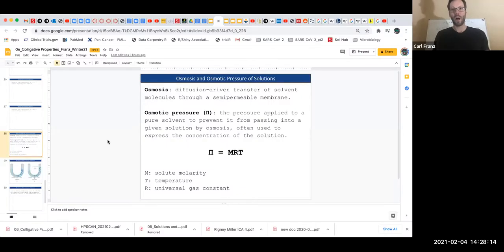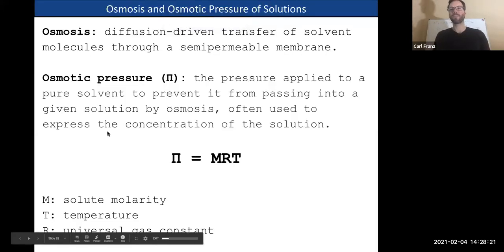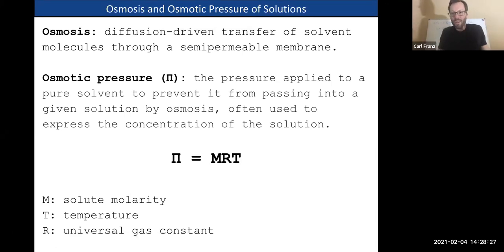So the last colligative property that I want to discuss is osmotic pressure. You've all probably heard of osmosis, in the context of learning through osmosis, right? Just sitting there and letting the knowledge diffuse into your brain, and then you have it there without any work put into it.